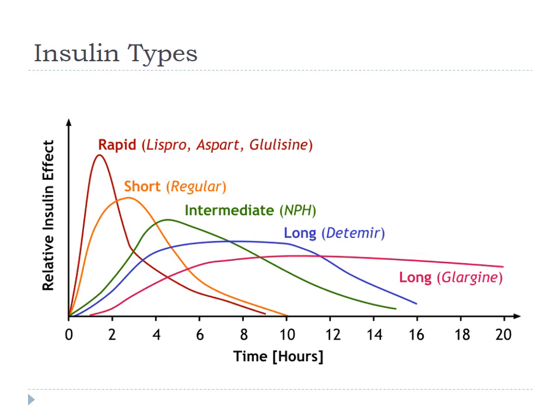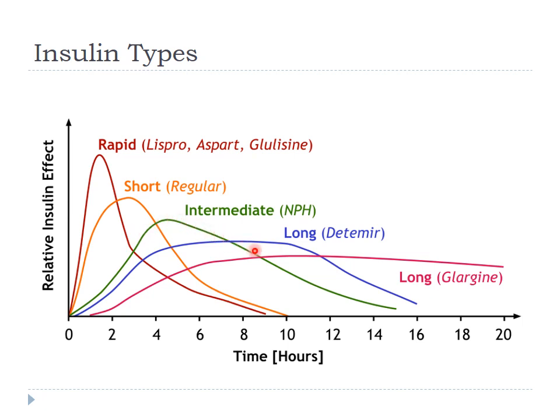Okay, so what we're going to talk about now is the different types of insulin we have. When you look at all these insulins together, we've got rapid acting, which has a very distinct peak up here. We have short acting, which has a slightly longer, wider peak, but it's still a peak.